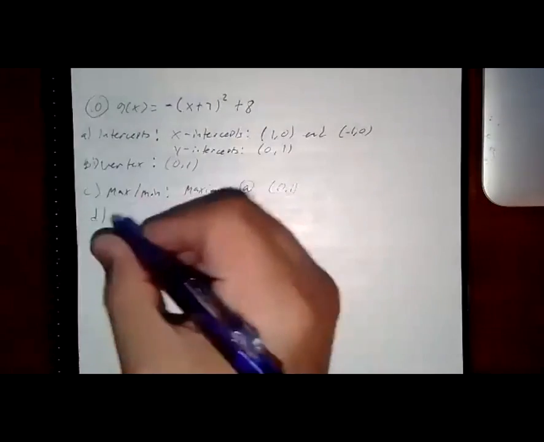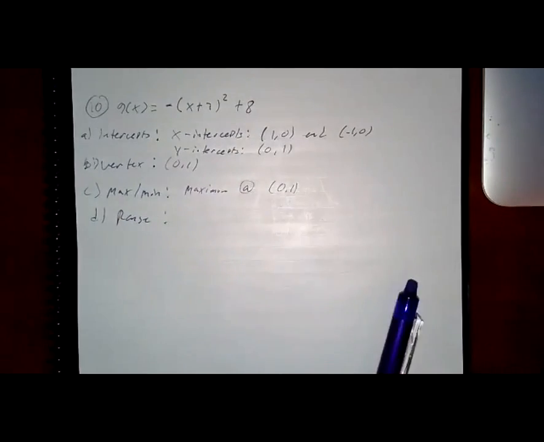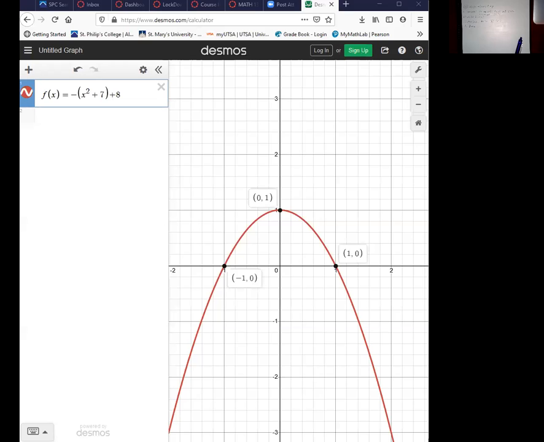Part D is the range, which is all the y values. So if we look at it one more time, the highest point, we just called it the maximum. So the highest y value is 1, correct? Then it keeps going down forever. So the lowest value is negative infinity for the y. So you would say bracket 1, negative infinity.